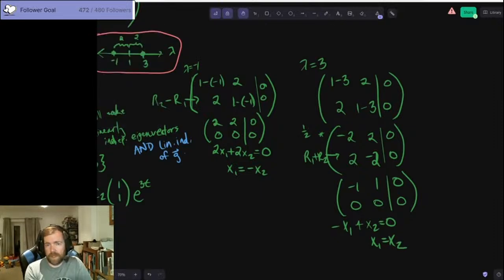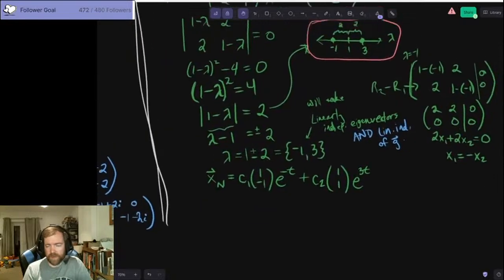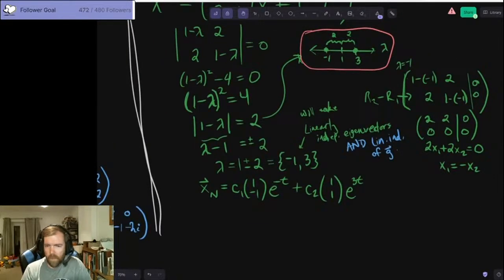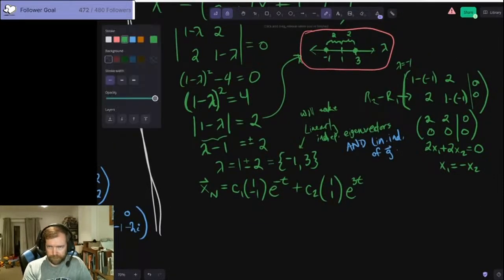And if they're going to be equal to each other, the simplest version we can make is going to be 1, 1. All right, null space done.